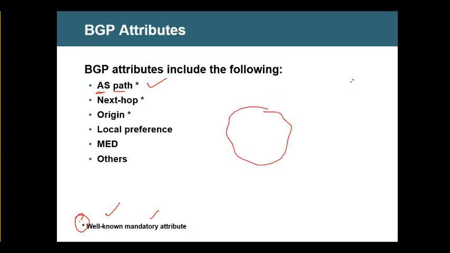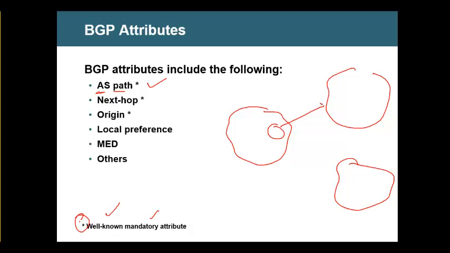This is your autonomous system, this is another autonomous system, this is another autonomous system. So from here, should I go to this gateway or to this gateway? Should I go to A or B? That is what next hop is. That is also important.